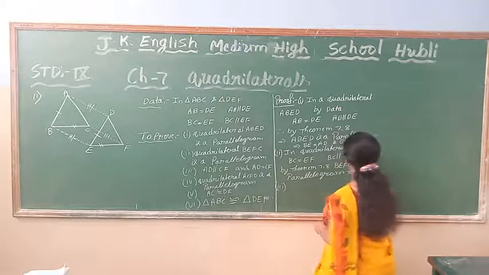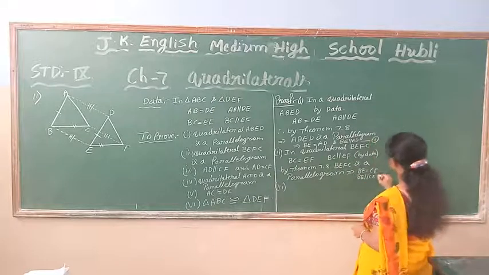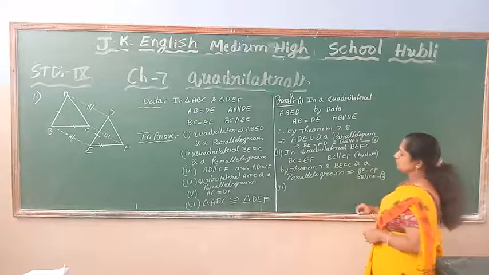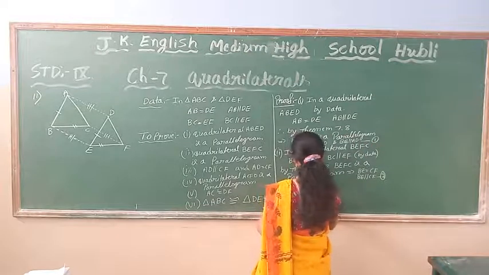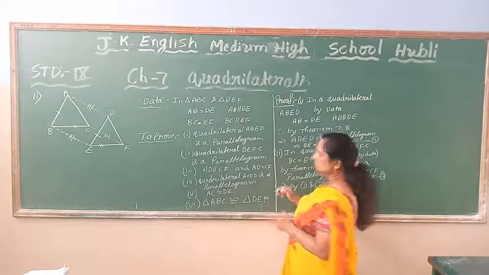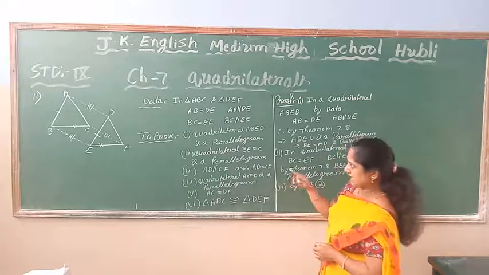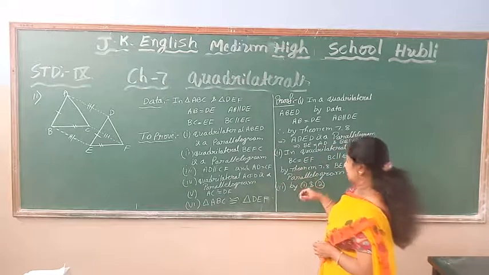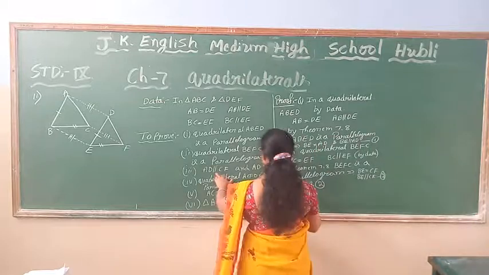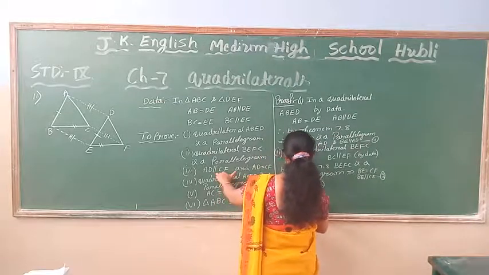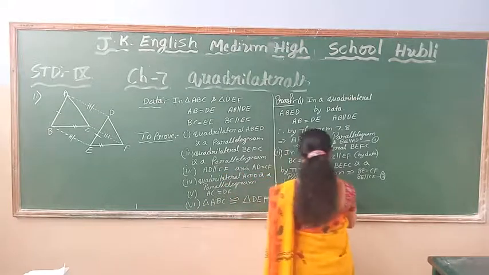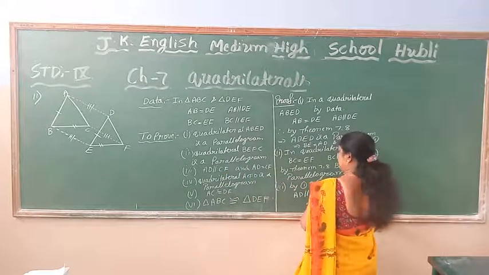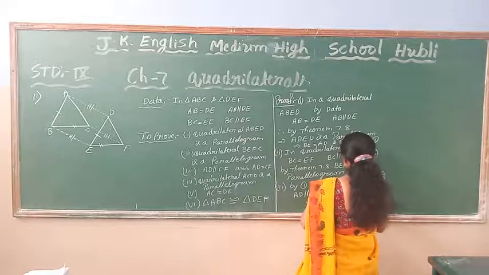We call this equation number 1 and that equation number 2. By comparing 1 and 2, AD is parallel to CF and AD is equal to CF.